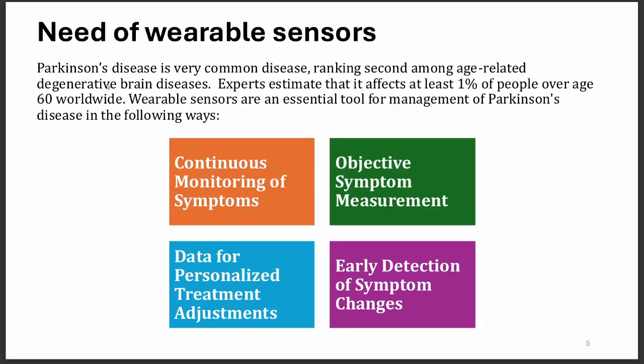Then there's objective symptom measurement. Then we can have data for personalized treatment or adjustments for the patient, and then we can detect early symptom changes as well. So overall, with the help of these wearable sensors, they contribute to better diagnosis and treatment of patients suffering from Parkinson's disorder.